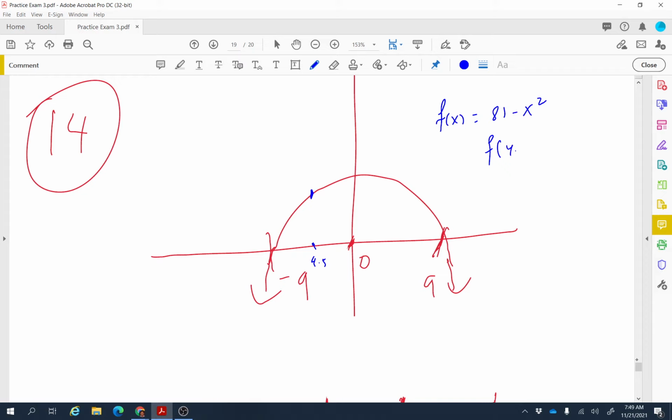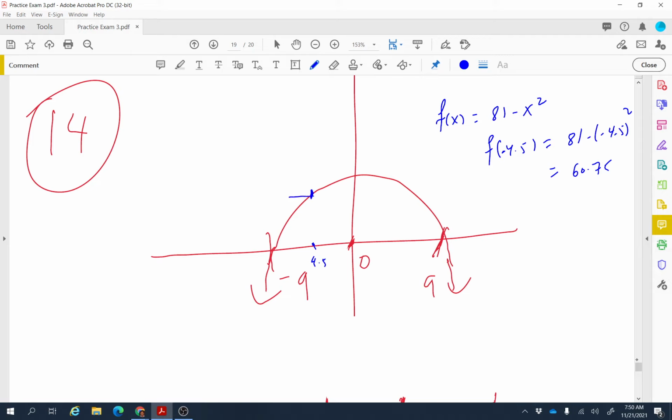So if I calculate that, it is 81 minus 4.5 whole squared, and that is the height we're going to use to create a rectangle there. 4.5 whole squared, minus from 81, that's 60.75. So this is the height, which is 60.75.